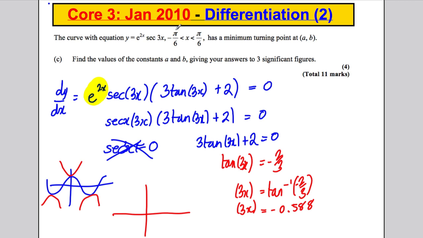Now the range was between minus pi by 6 and pi by 6, but you're looking for 3x, so you times that by 3, and really the range is between pi by 2 and negative pi by 2. So negative 0.588 is here at just 1 point, so x is therefore this negative 0.588 divided by 3, which is negative 0.196, and you're done.